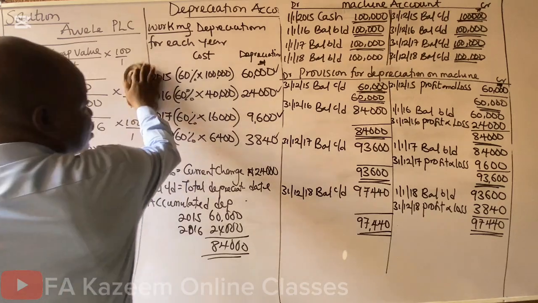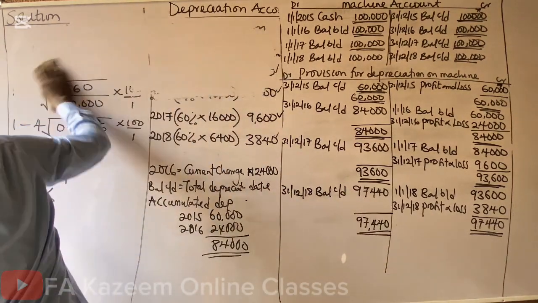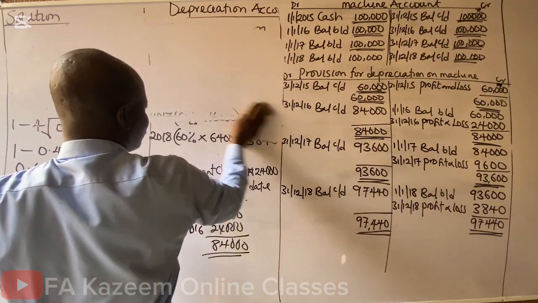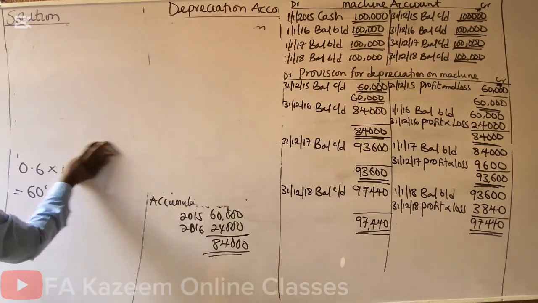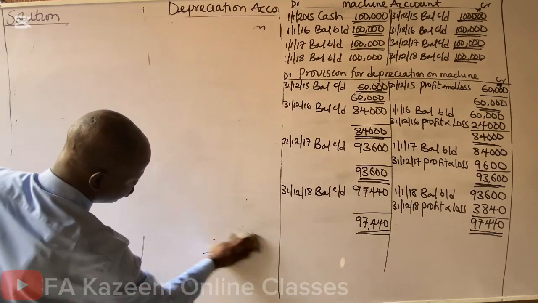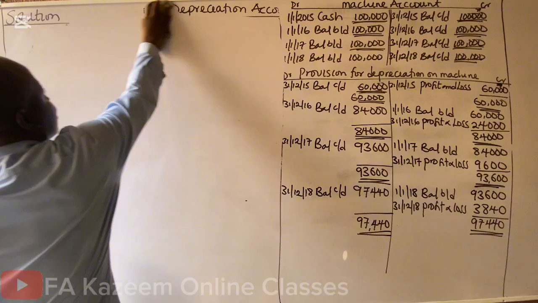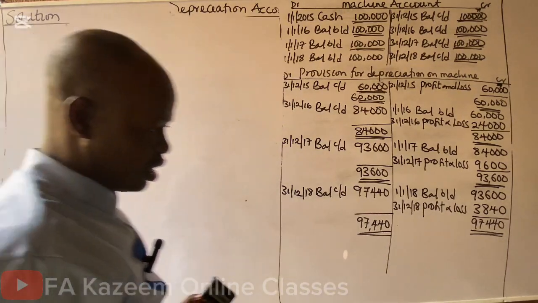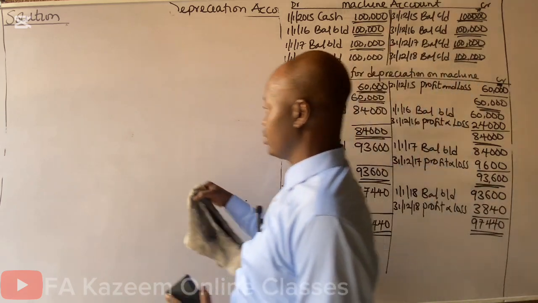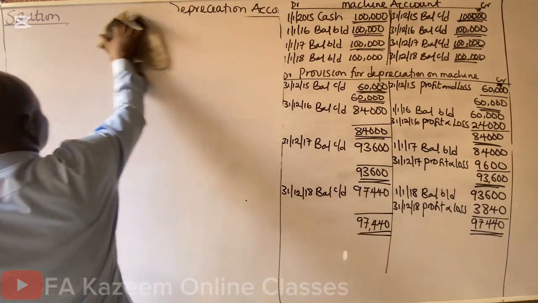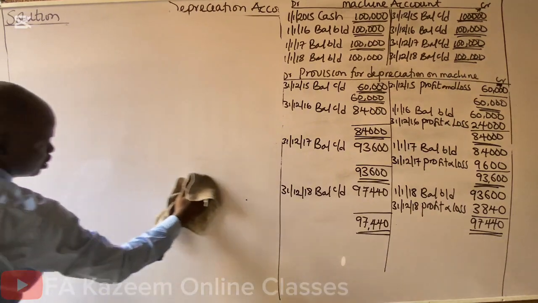In that case, the next account for us to prepare is our profit and loss and our balance sheet extracts. That's the next account for us to prepare.